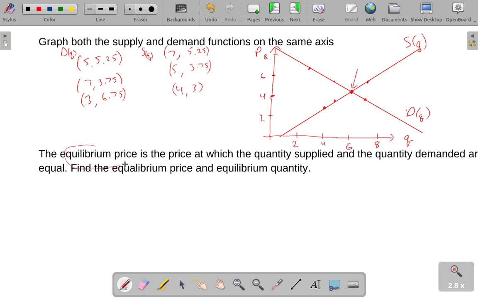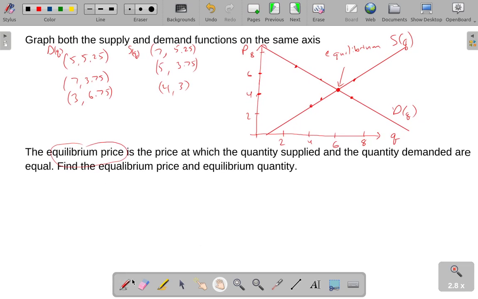So this point right here is of particular interest. This is what we call the equilibrium. The equilibrium price is where the quantity supplied and the quantity demanded are equal. That's this point right here. To find where that point is, we're going to say D of Q equals S of Q. We usually call this the equilibrium point because it's an actual point if you look at the graph.